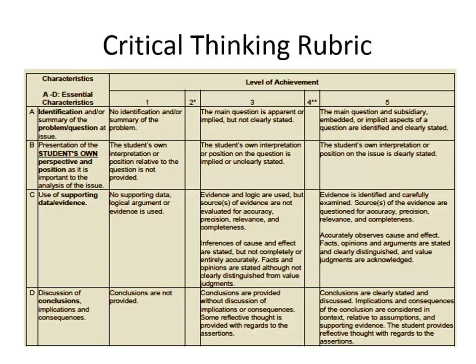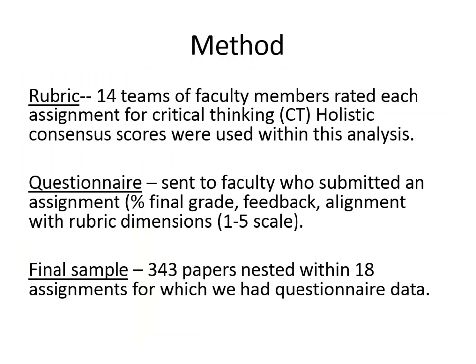And like I said, we would also assign a holistic or overall critical thinking score for that written work. We had 14 teams of faculty members who were paid to rate these assignments for critical thinking, and for this analysis or study itself, we used the holistic scores, the overall critical thinking score, and faculty had to reach consensus about these scores.